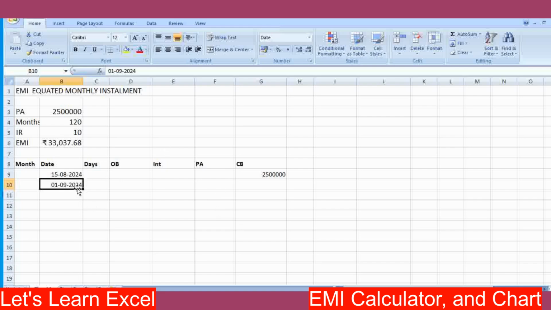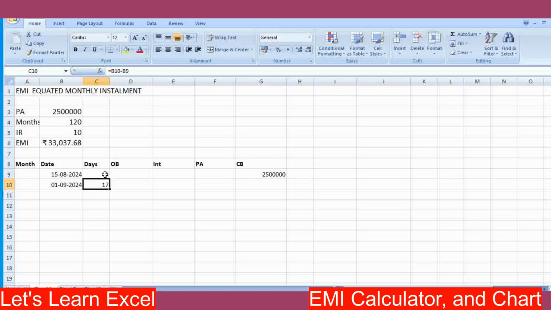For that we require a number of days calculation. So the number of days will be this date minus the previous date. The formula is very simple. Equal to this date minus this date, and press enter. So 17 days from 15th of August to 1st of September.